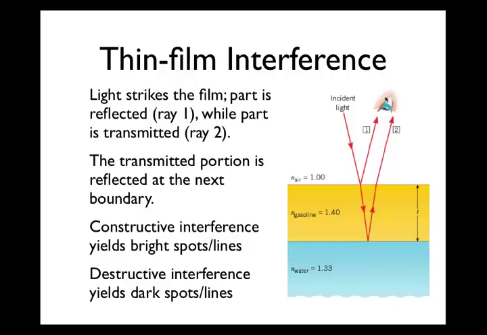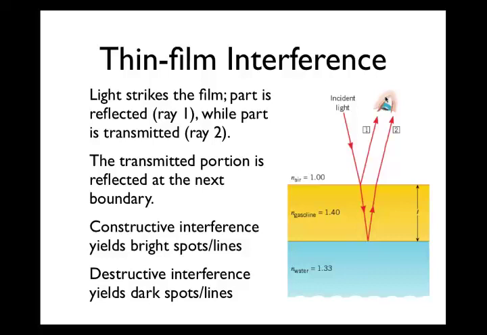And this is because different colors of light have different wavelengths. So while the thickness of a thin film may be appropriate for, say, blue light to be constructively interfering, it might also make red light destructively interfere. So I will see that portion of the bubble as a bright blue color. Another portion of the bubble might exhibit constructive interference for yellow light and destructive interference for another color of light.